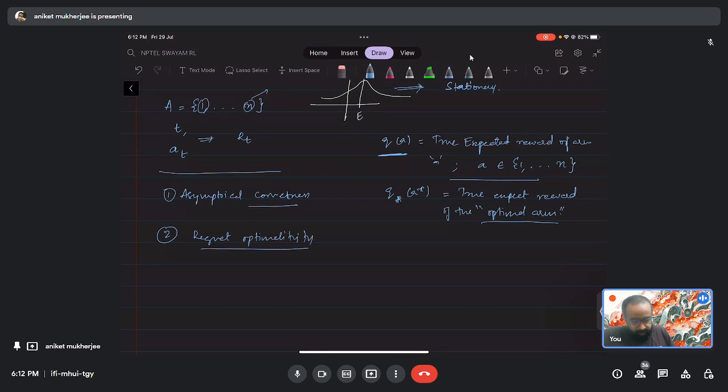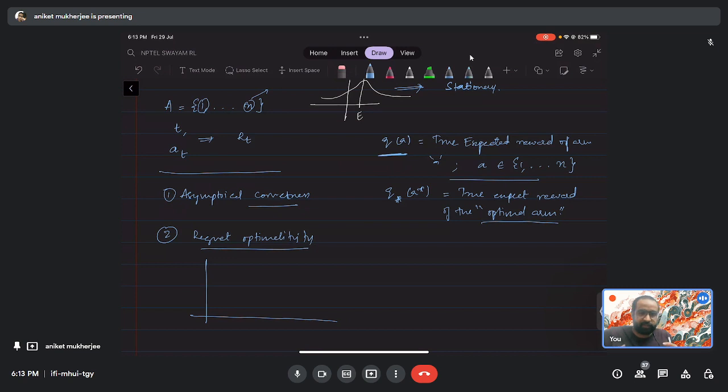Regret optimality is basically you knowing the distributions of all those arms beforehand. If you know the distribution of all those arms beforehand, you would always pull the arm which has the maximum expected reward, and the expected reward would always be maximum. The expected reward, not the reward at each time instant. Next, you design an algorithm.